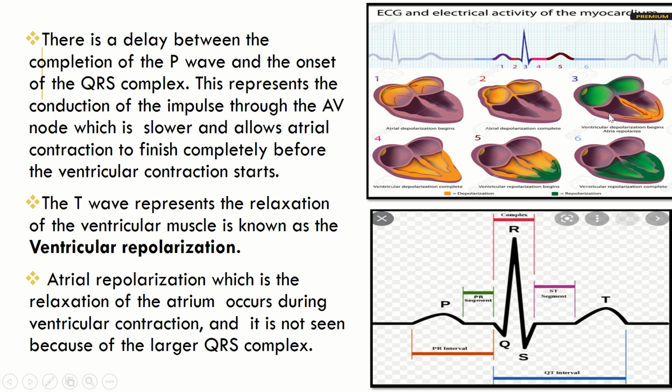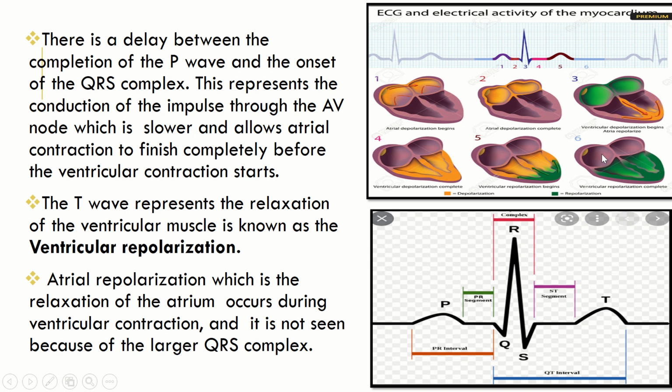As you see, this yellow one is the contraction, that is the depolarization. It happens in the ventricles and the whole ventricle will contract. So what happens next? The ventricles will relax completely, and again the atrium will start contraction. It is a cyclic process which happens again. This is what we studied in the cardiac cycle.